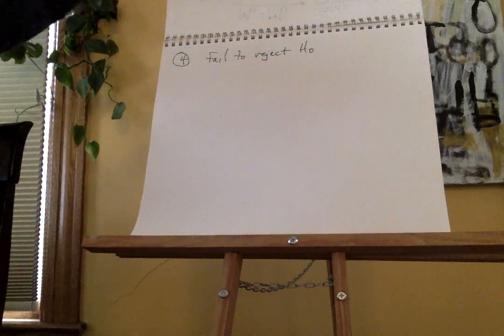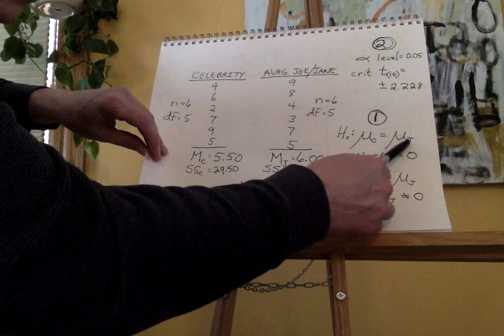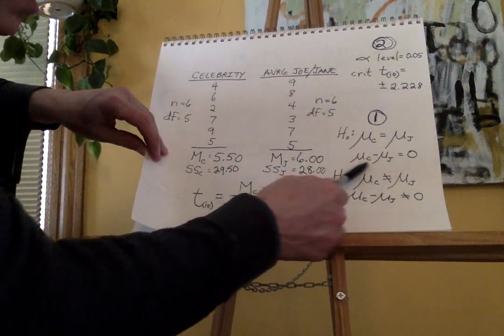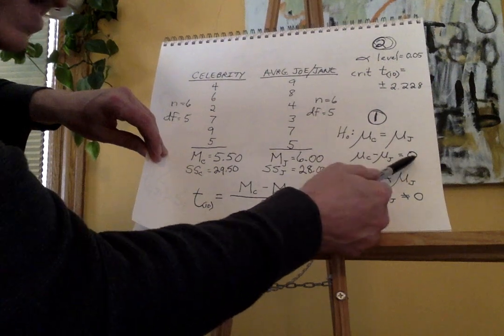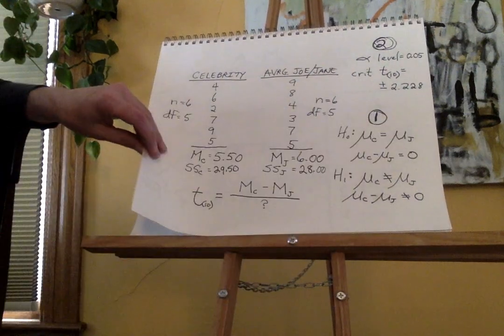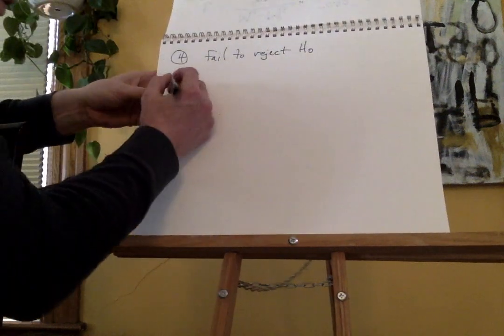Okay? Let's go back to the null. The null said that the two groups were going to be equal. The null said that there's going to be no difference. When I say the difference is 0, I don't mean that literally. I mean it probabilistically. And so we fail to reject the null.